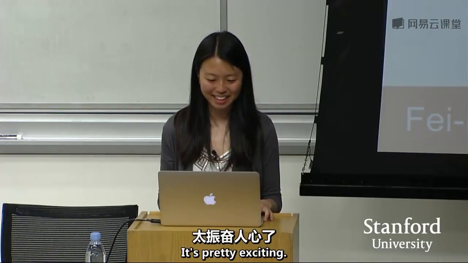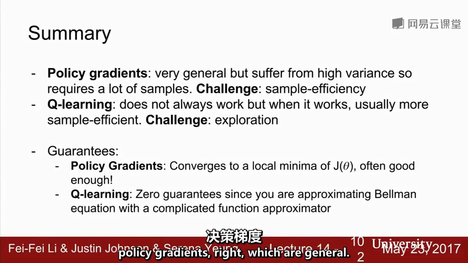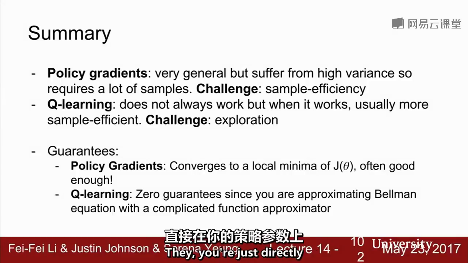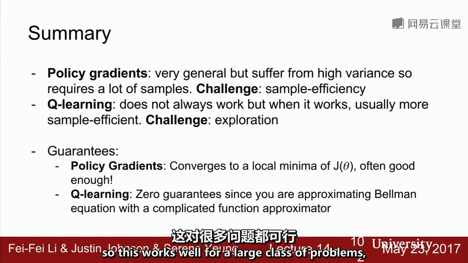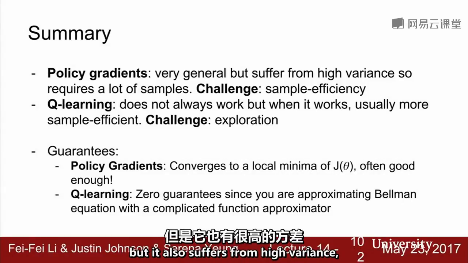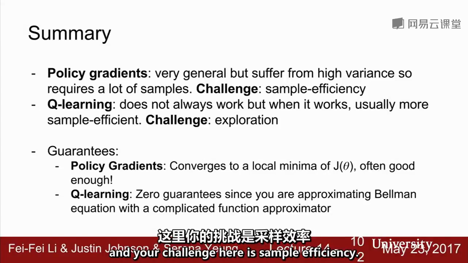It's pretty exciting. Okay, so in summary, today we've talked about policy gradients, which are general. You're directly taking gradient descent or ascent on your policy parameters. This works well for a large class of problems, but it also suffers from high variance, so it requires a lot of samples, and your challenge here is sample efficiency.